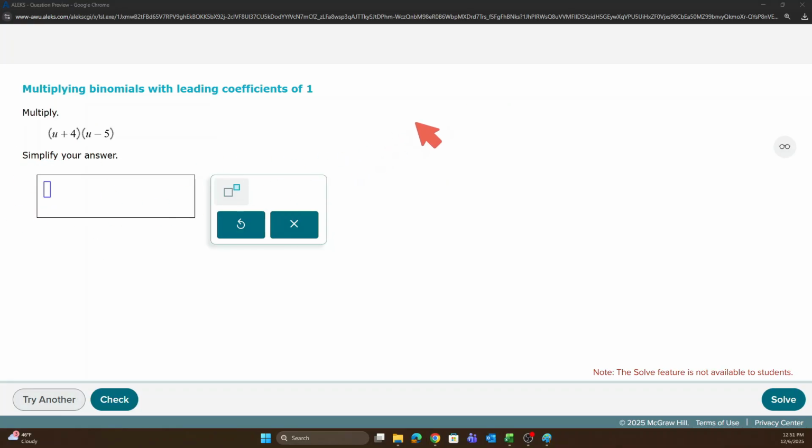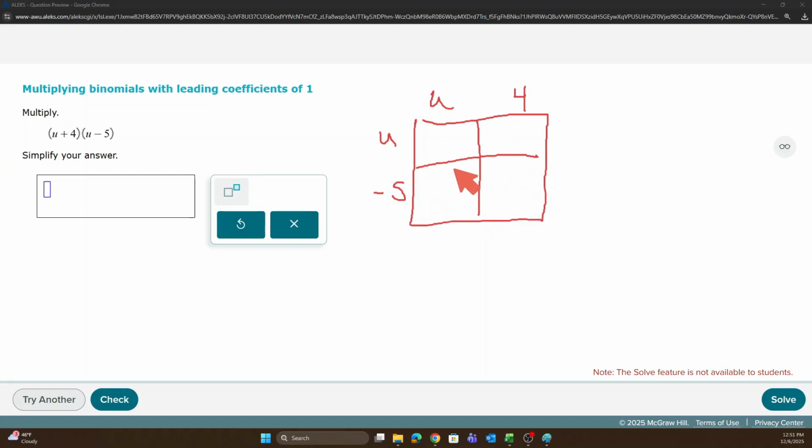All right, so here we have u plus 4 times u minus 5. Once again, we're going to use our box method. U plus 4, u minus 5. First one's going to give us u squared plus 4u minus 5u minus 20.